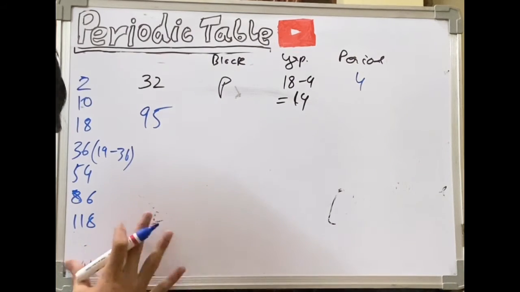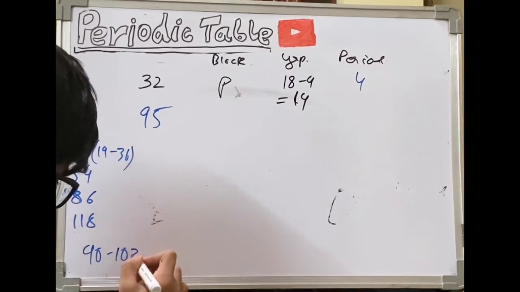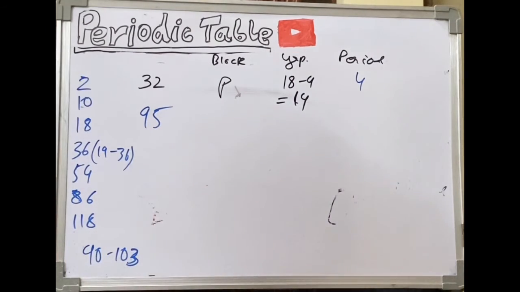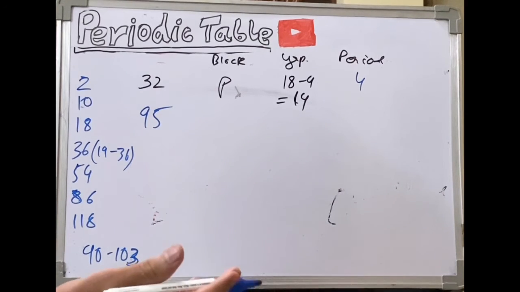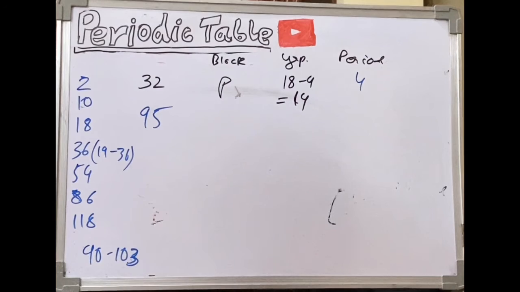No, it's from 90 only. You will term it as 90 to 103. This is actinide, sorry, not lanthanide. So you can say that it lies in the actinide series.